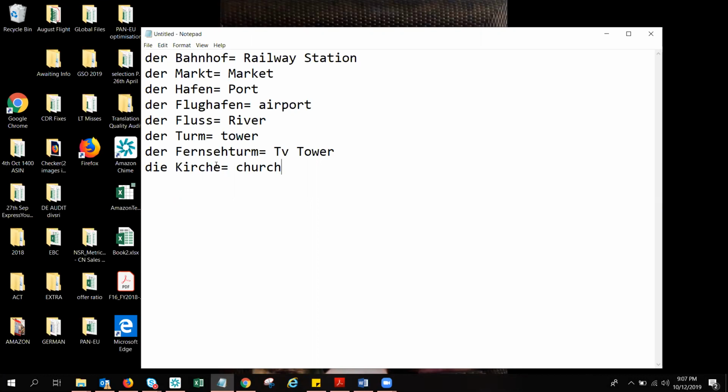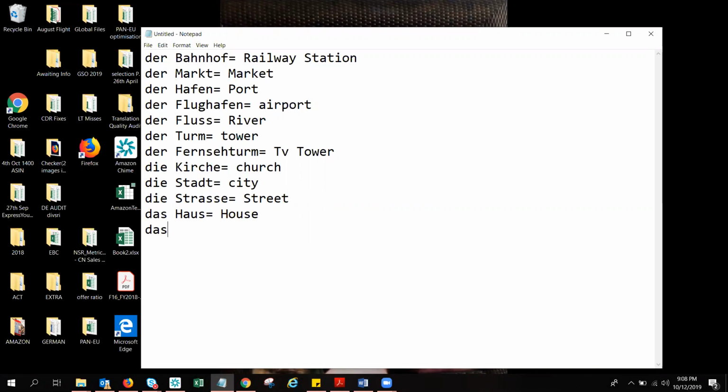Okay, so die Kirche, then die Stadt. Stadt is city. Then die Straße. Straße is written with a double S or sharp S. It's street. Then das Rathaus. Now Haus is das, so the article of house is das.